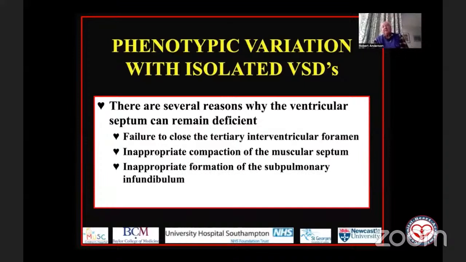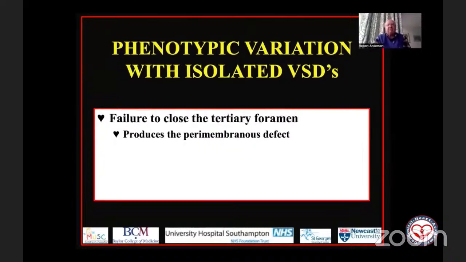And then there is a third possibility, and that is down to inappropriate formation of the subpulmonary infundibulum. And we're going to try to illustrate all these processes to you, and we're going to emphasize again that these can be accompanied by malalignment of the septal components.